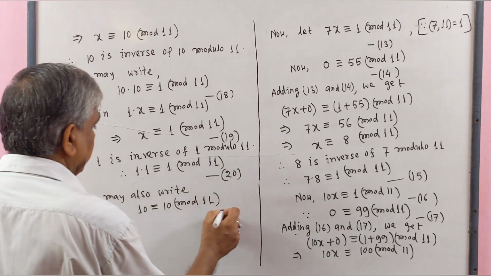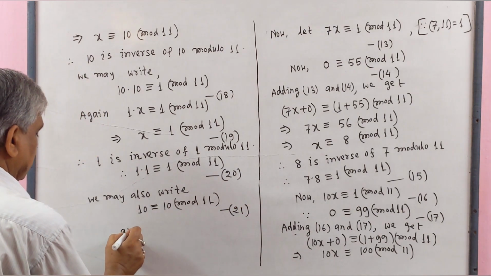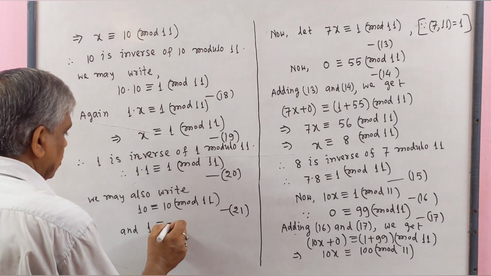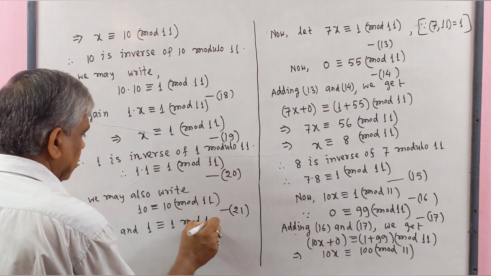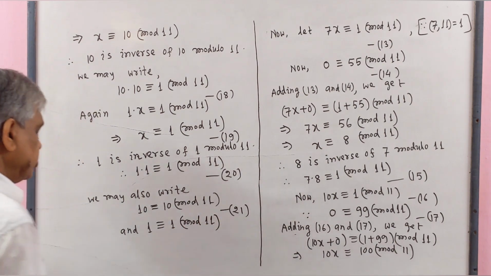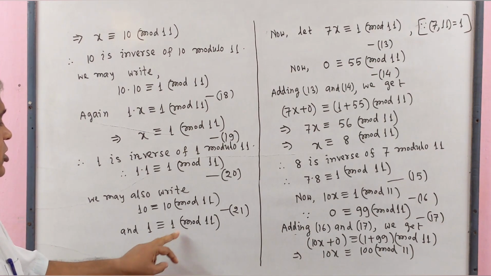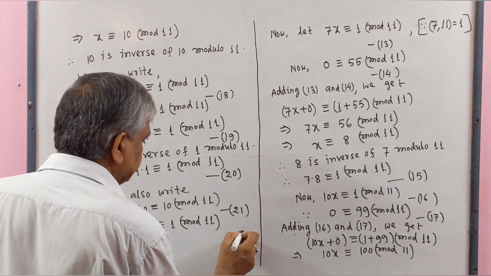Let this be 21, and 1 is congruent to 1 modulo 11 because 1 minus 1 equal to 0 which is divisible by 11. Let this be 22.